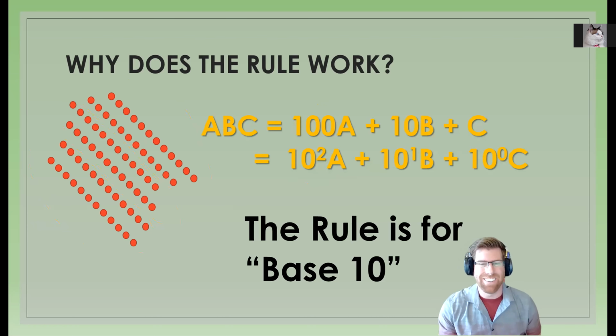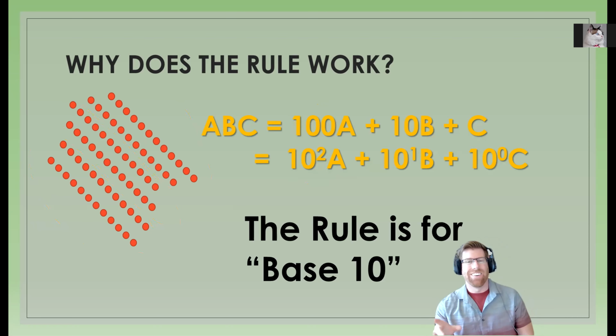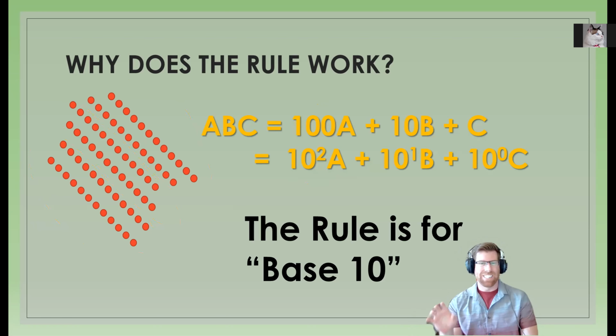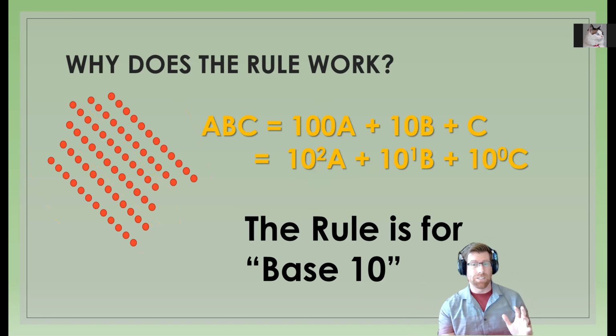So here's what's going on with 10. We wrote A, B, C. So we said A is the hundreds place, B is the tens place, C is the ones place up here. And base 10 is really the fact that 100 is 10 squared, 10 is 10 to the first, even 1 is 10 to the 0, right?